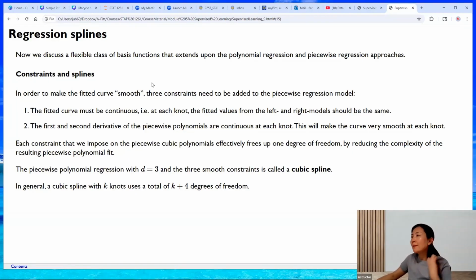By the way, we're talking about a cubic polynomial regression, so the degree is 3. That's because, from our previous example, D should be equal to 3. That is the best model. If D is 3, we need to put these 3 constraints, and in each interval, for each model, each constraint will free 1 degree of freedom.